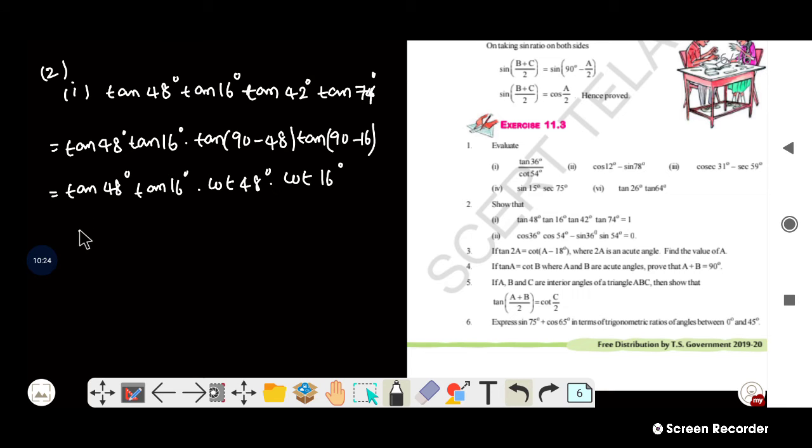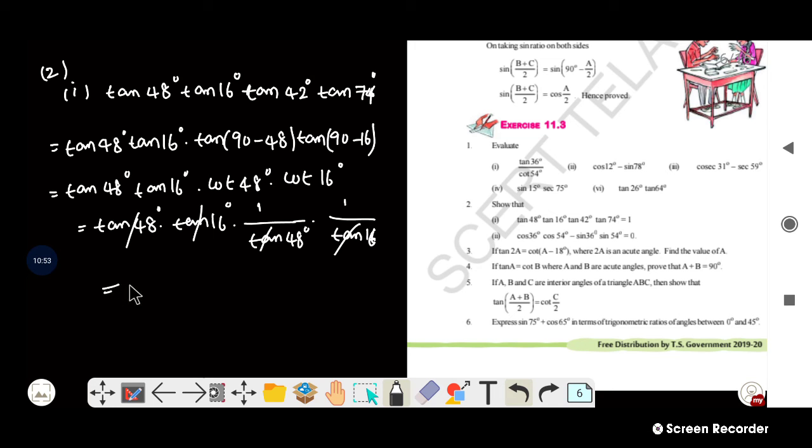Then you see here, so tan 48 into tan 16 degrees into, so cot means 1 by tan 48 into 1 by tan 16. So tan 16 gets cancelled, tan 48 will get cancelled. What is the answer in that? 1.